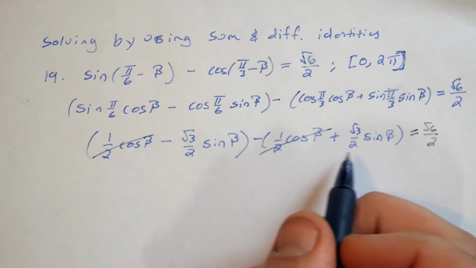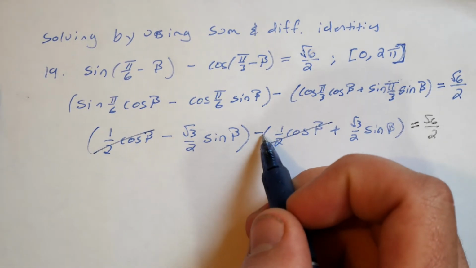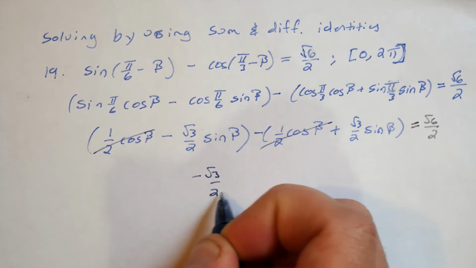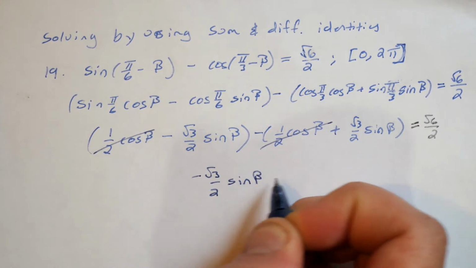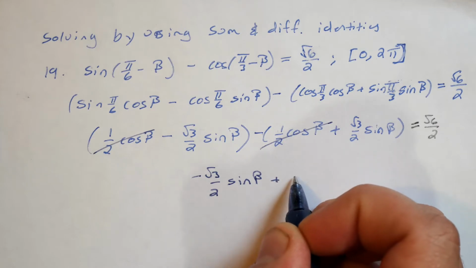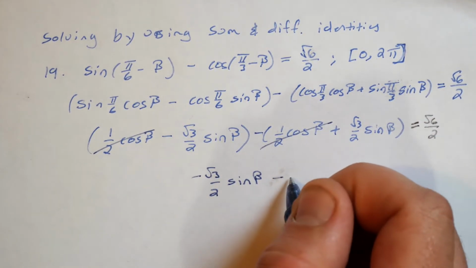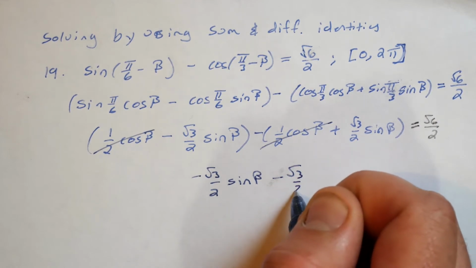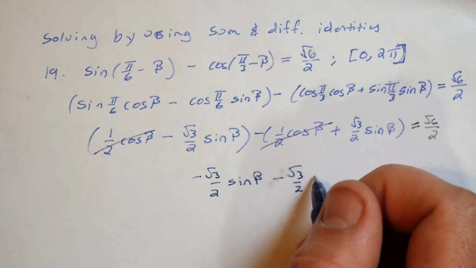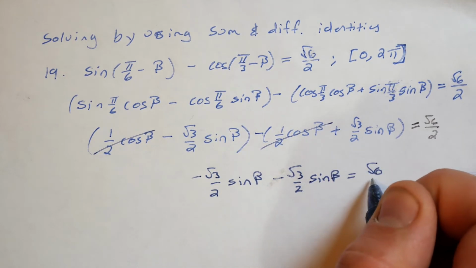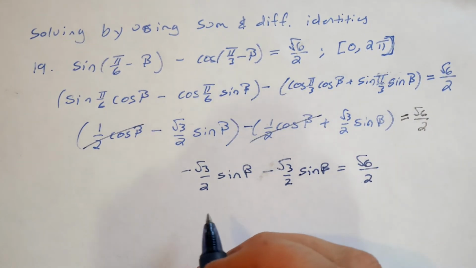And then what do I have here? Well, if I distribute this negative inside here, I get negative root 3 over 2 sine of beta plus, well, that is being distributed, so I also get a negative root 3 over 2 sine of beta, and that all equals root 6 over 2. Now check it out.